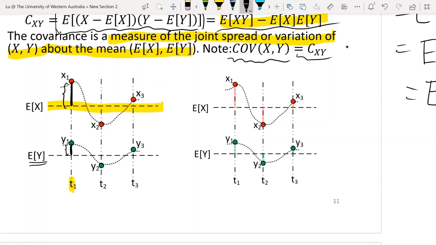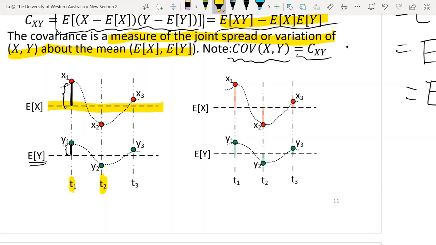If you compare these two samples, X1 and Y1, at time T1, you can find both of these distances are above the mean values of these two random variables. When we shift to the T2 moment, both samples X2 and Y2 are below the mean value of these two random variables respectively. And at X3 and Y3, they are all above the mean value.